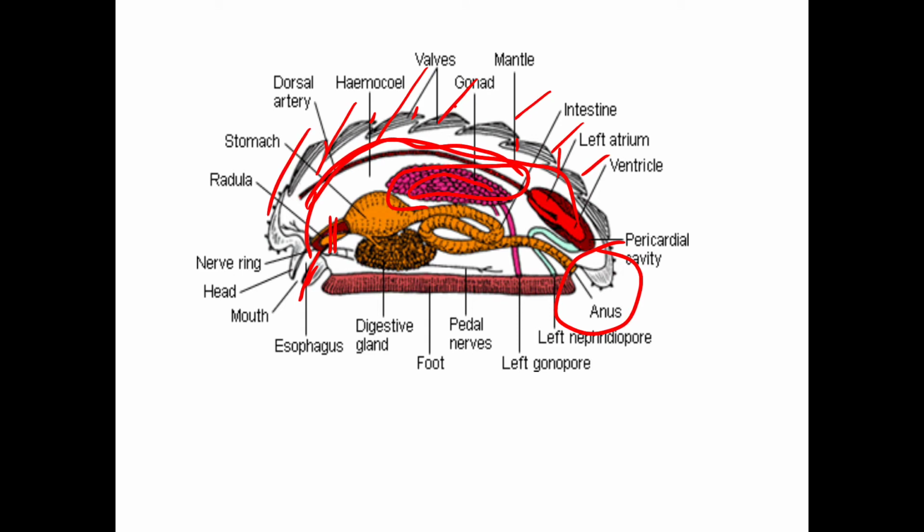It is not in this image, and fertilization is external. Development involves a larva called the trochophore larva. We already discussed the trochophore larva in the previous chapter. So the trochophore larva is the larval form of chiton, and the development is indirect, that is, involving a larval form. That's about the Polyplacophora as well as the chiton.